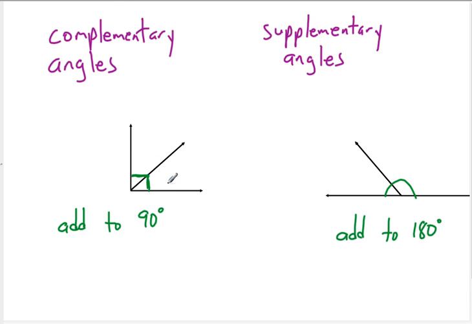In this case, we matched them up because we don't have measurements, but normally you'll just be given measurements and you'll have to decide if they're complementary. For instance, this one might be 50 degrees and this one might be 40 degrees, and they would add up to be 90. In this one over here, this one might be 50 degrees, and this one might be 130 degrees, and they would add up to be 180.